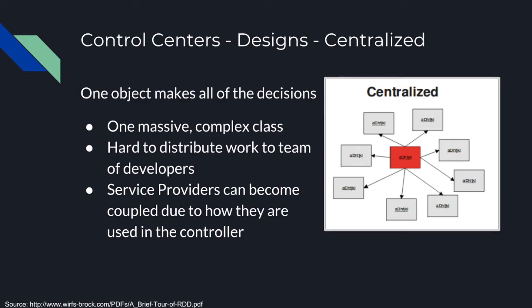So it makes it hard to know what to expect from the code being implemented by other developers. And your service providers can become coupled due to how they're being used in the controller. The service providers don't really have any control over how they're being used, so if you don't pay attention when you're writing this centralized controller, you can end up with high coupling within the service providers.